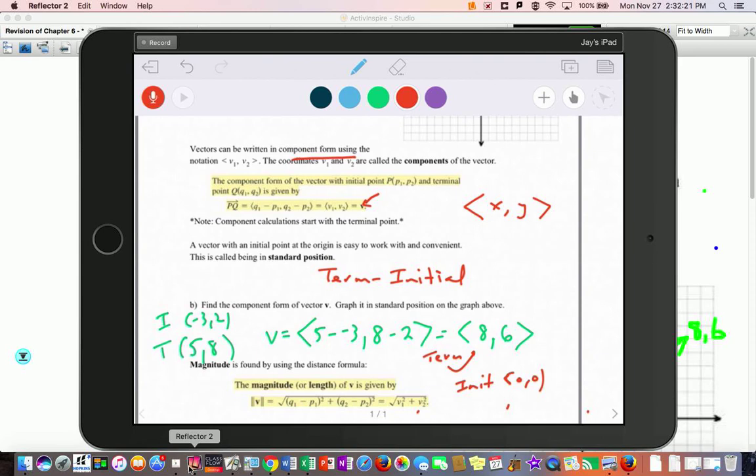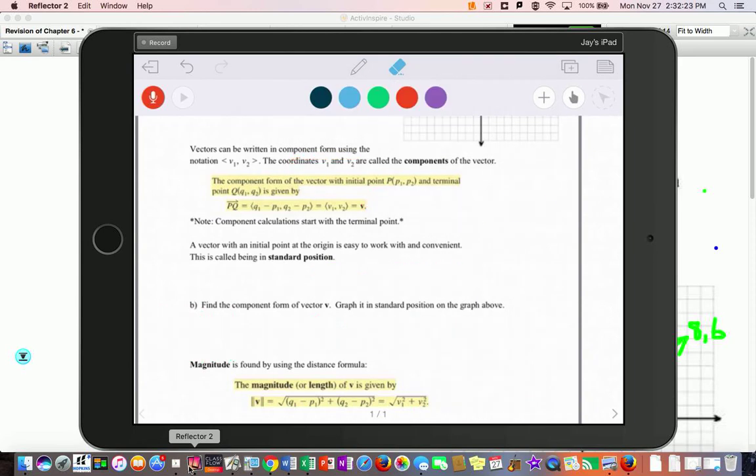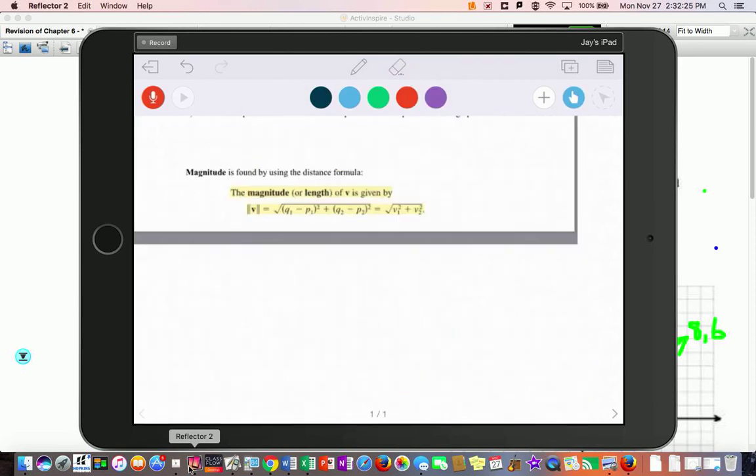So what this allows us to do is a little easier way to find magnitude, because if you find magnitude, you use the distance formula. Well, this number would be 8, and this would be 0, and this would be 6, and this would be 0, which is the same as just taking 8 squared plus 6 squared. So if it's in component form, you just have to do the x and y squared, add them together under the radical.